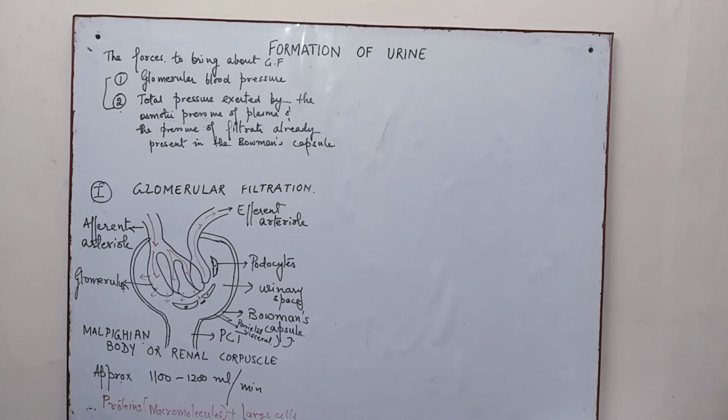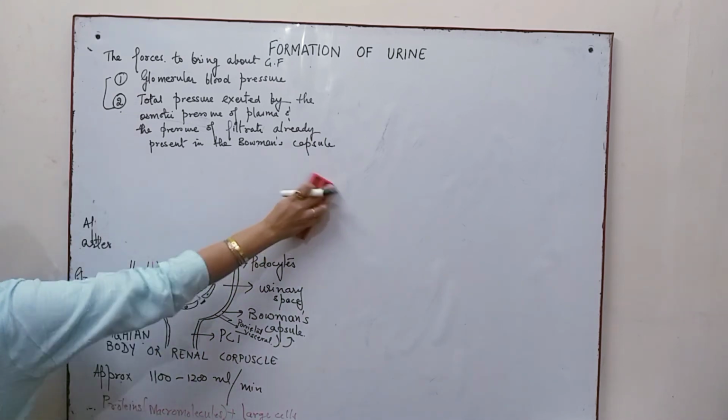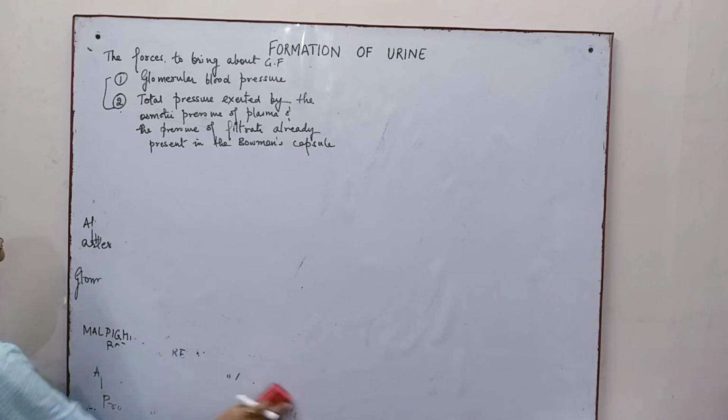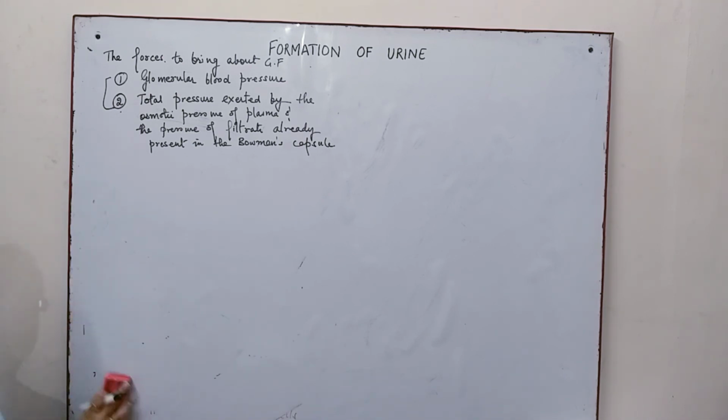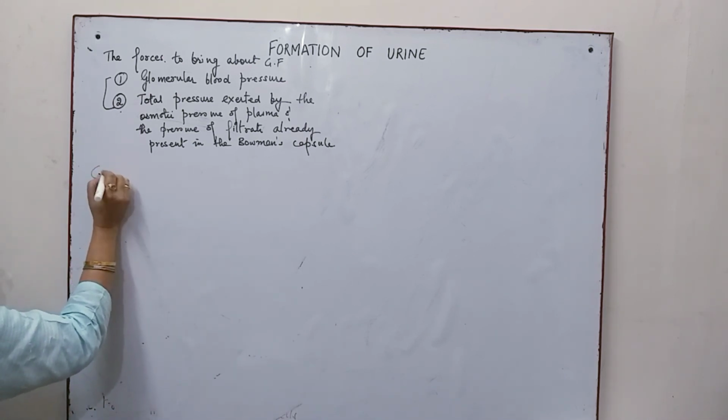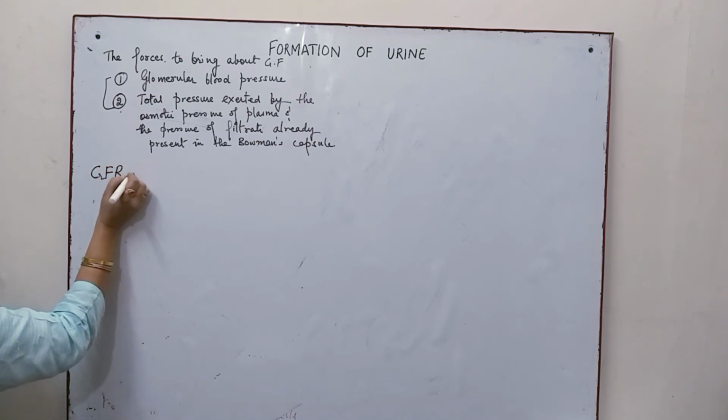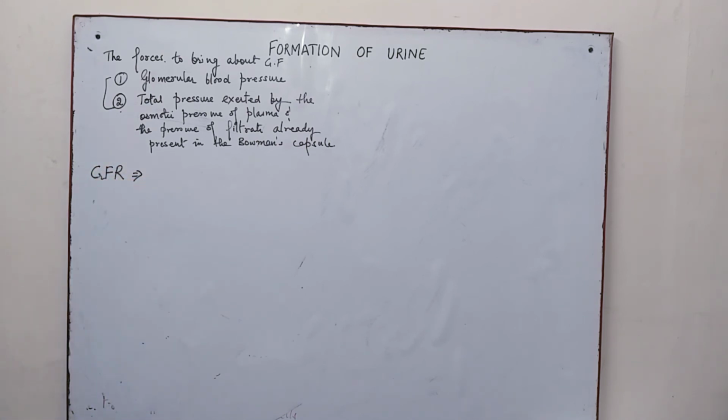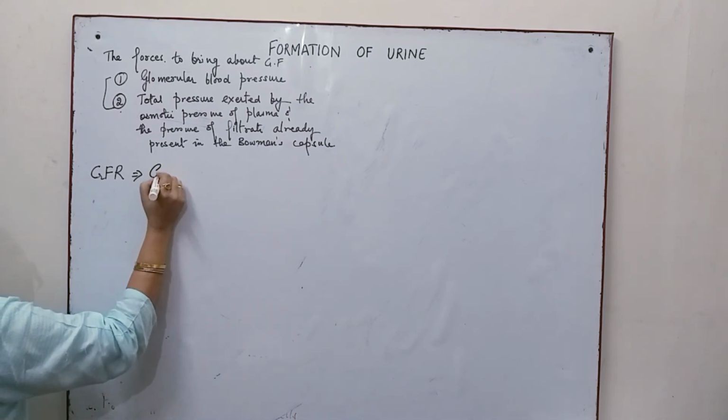So the amount of filtrate which is formed by the kidneys per minute is known as glomerular filtration rate. When we talk of glomerular filtration rate, in short it is written as GFR.